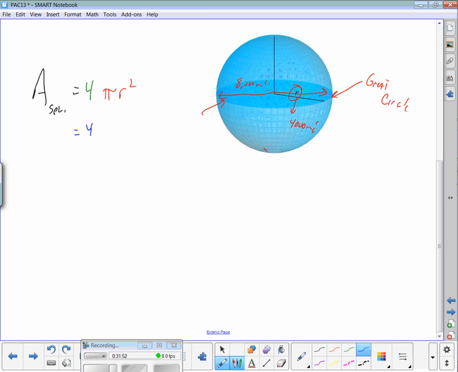I want you to tell me the rough surface area of the Earth. Okay, go ahead and punch that out. Remember, this is miles. So roughly, how much surface area is there on the Earth? What is the surface area of the Earth?